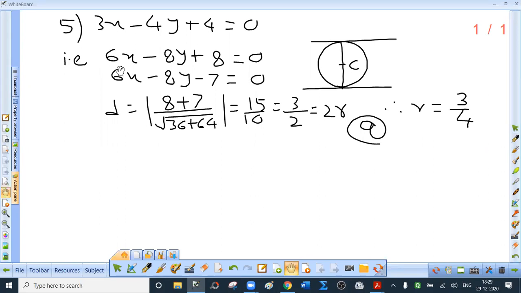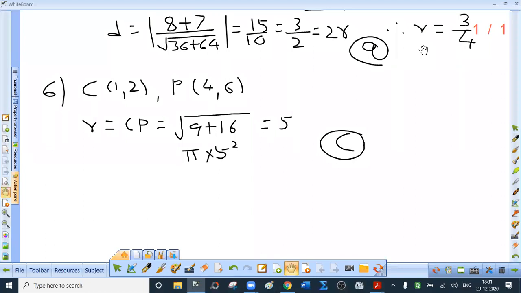So this is the first, this is the second. See, the topic is circle, but you should know this formula: distance between parallel lines, mod of c minus c dash, so 8 minus minus 7, upon root of a square plus b square. So the diameter comes out to be 3 by 2. So what is the radius? 3 by 4. It is given in option A.